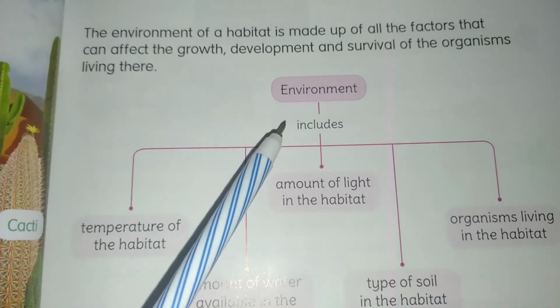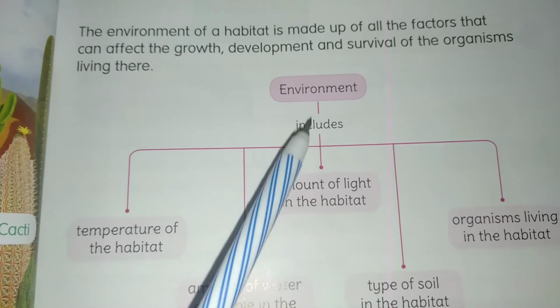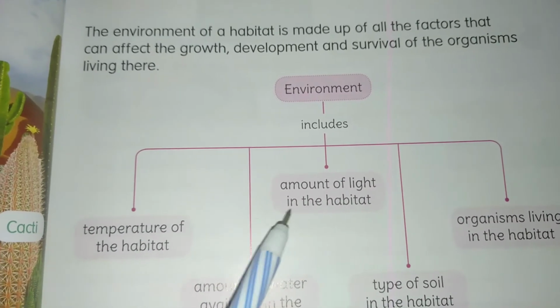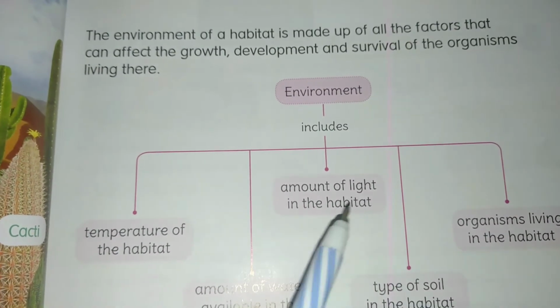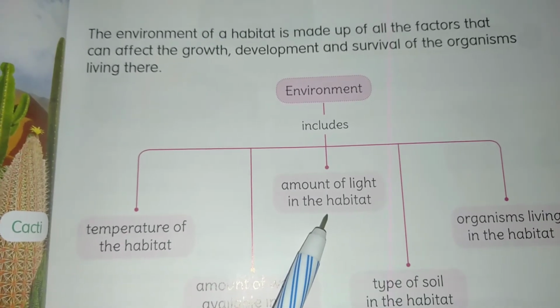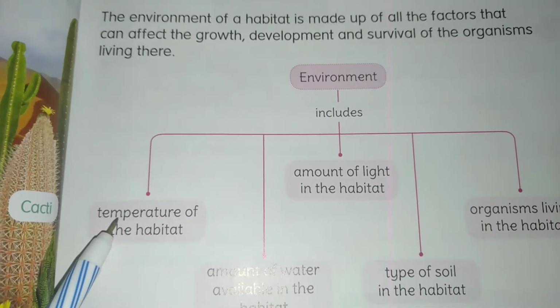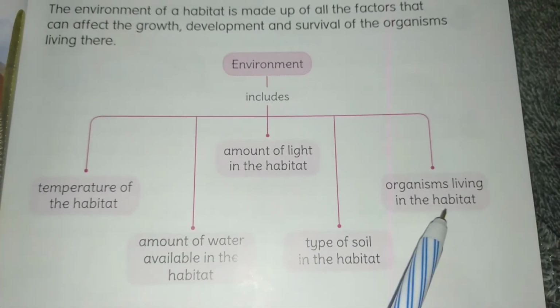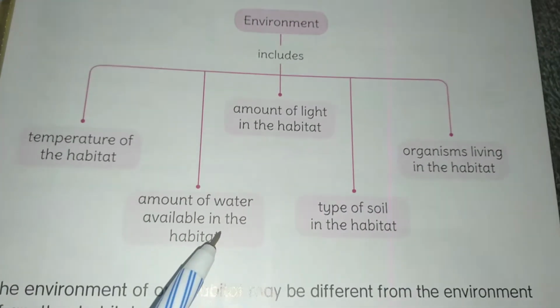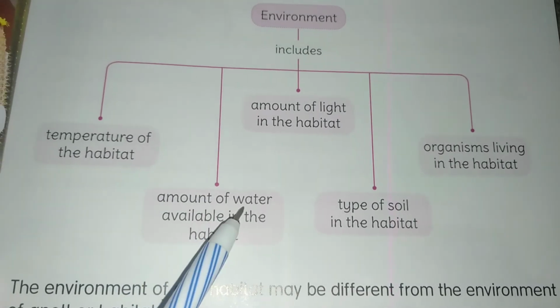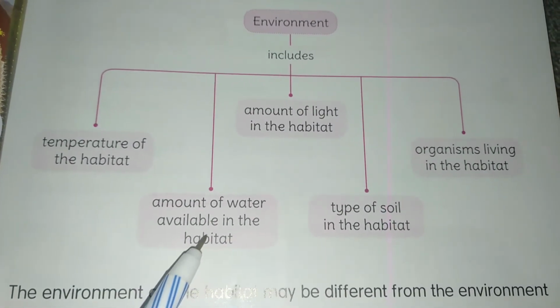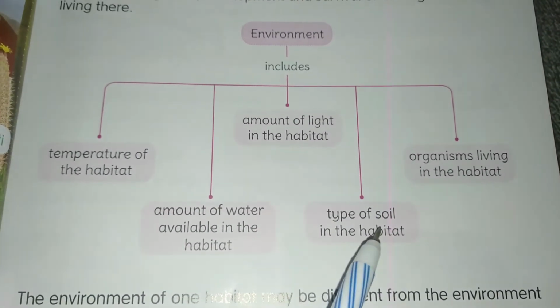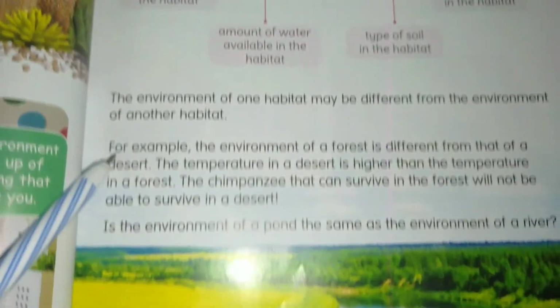The environment includes the amount of light in the habitat, the temperature, the organisms living in the habitat, the amount of water available, and the type of soil in the habitat.